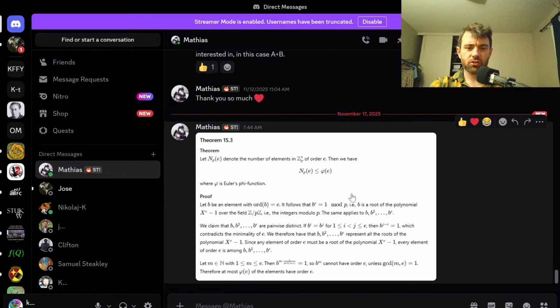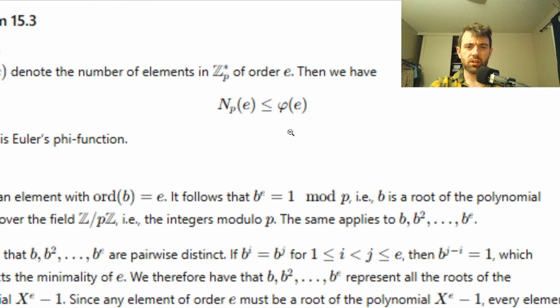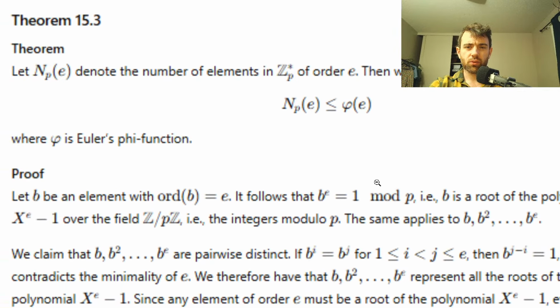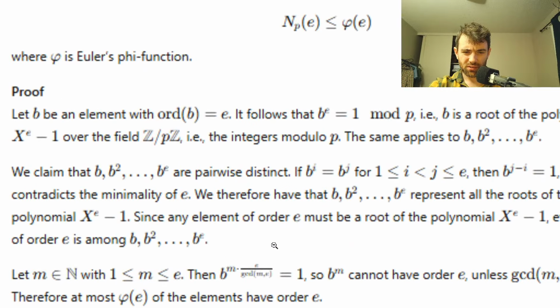Let this denote the elements in Z/p of order e. Then the number of elements is at most Euler's phi function of e. Okay. And your issue is with the very last line of the proof? Right. b times e over the gcd of m and e is equal to 1.